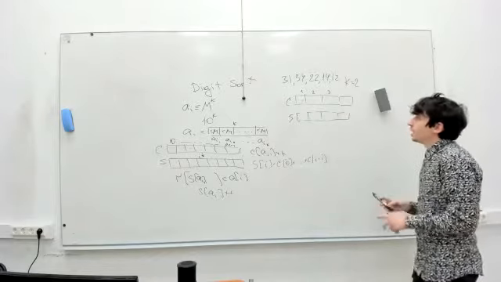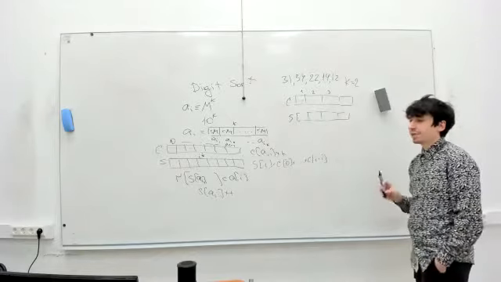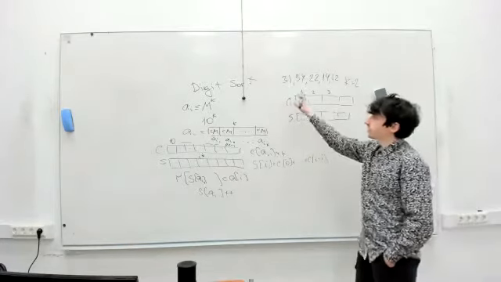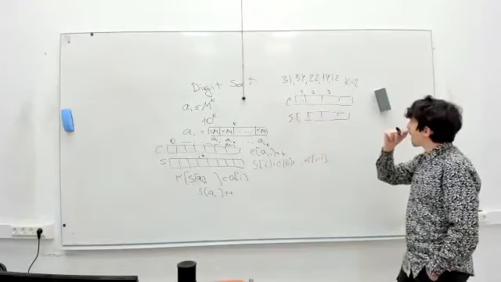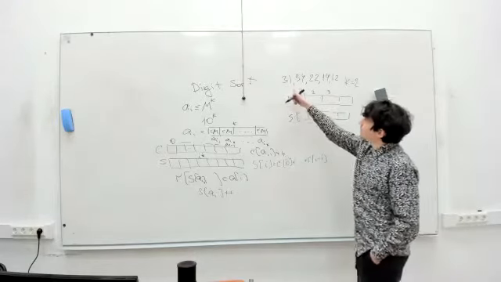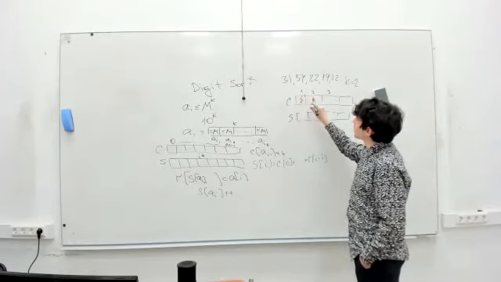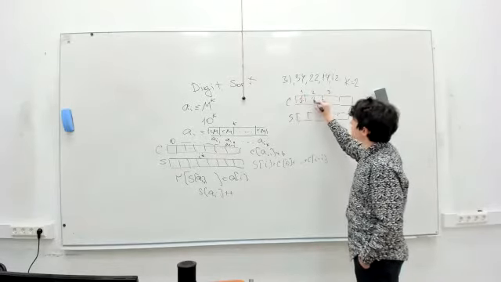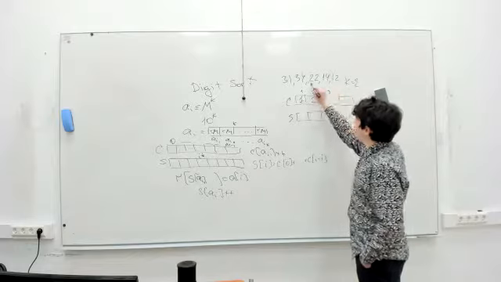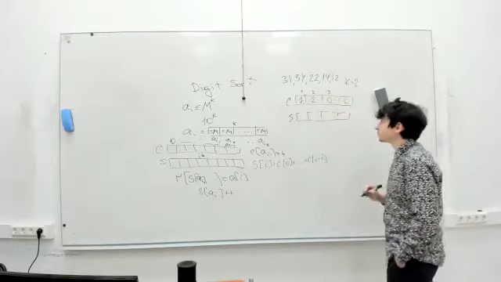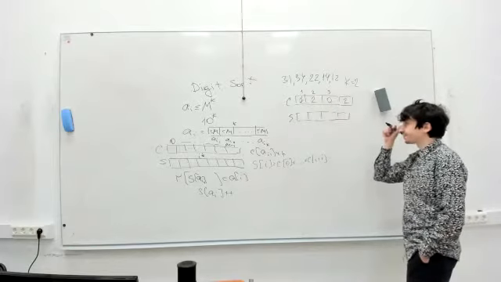At first I sort by the second digit instead of the first one, so I start not from the left, but from the right. So how many ones here? We have one at the end. How many twos? There are 2 twos here. How many threes? No threes. And 2 fours as the last digits.